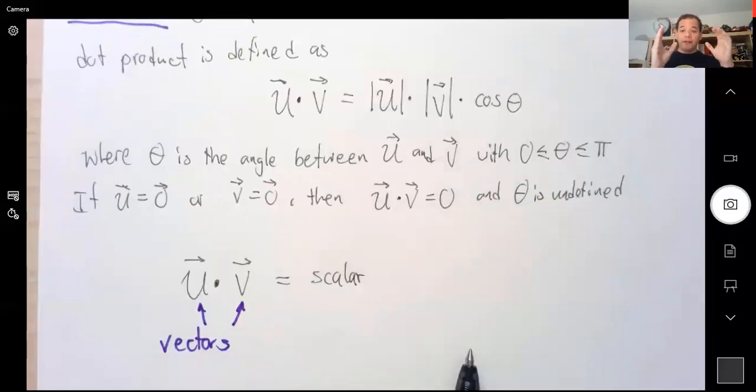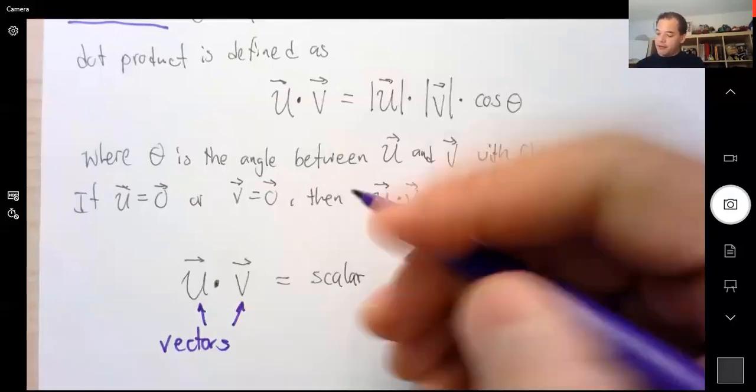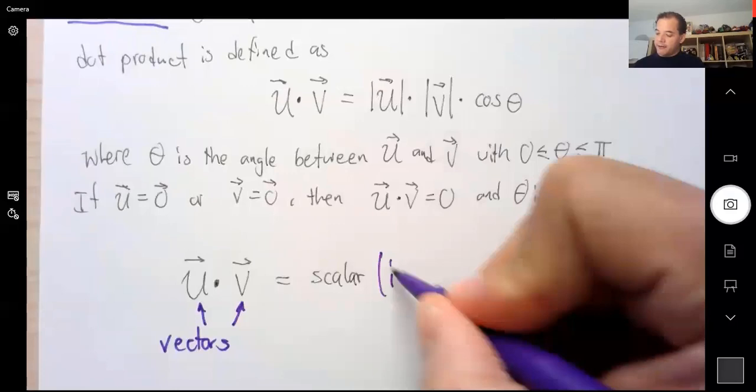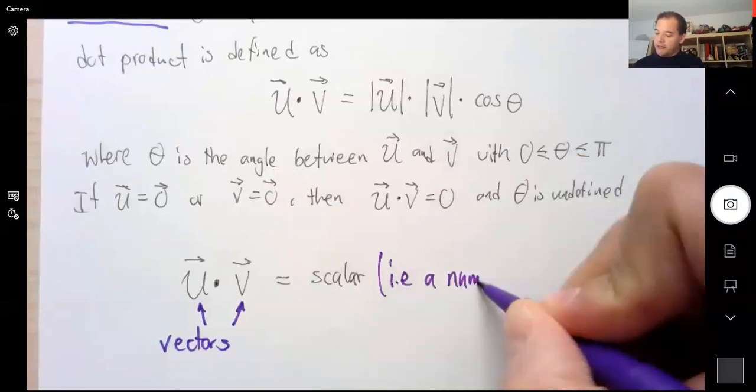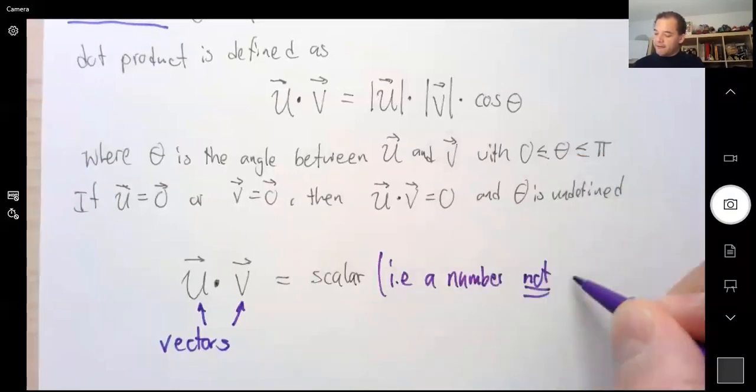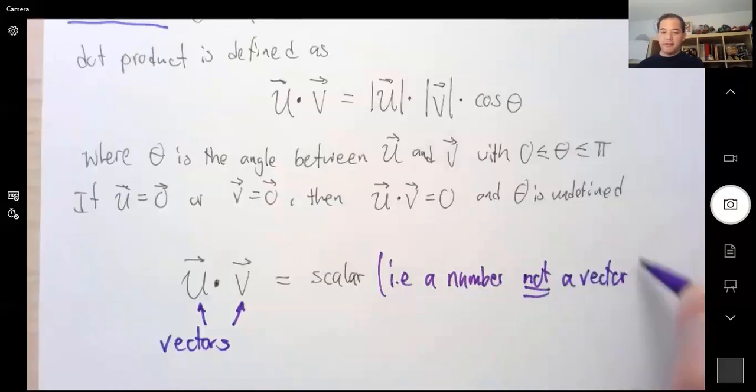You take two vectors and out comes a number, i.e. a scalar. More importantly, not a vector, right? So it's an operation that takes two vectors and out comes a number, okay?